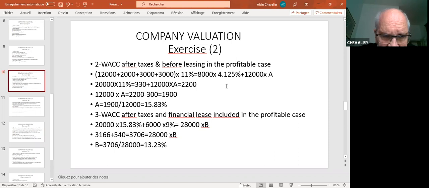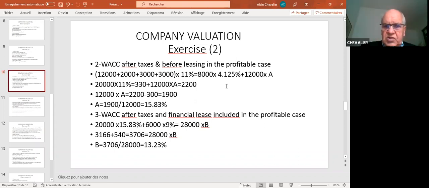And you see that in part 3 here, second line, we have 20,000 multiplied by 15.83. Okay, but we now add 6,000 with a cost of 9%, and this is equal to 28,000, the new total of financial resources, 28,000 multiplied by B, being the cost we are looking for. So if we make the calculations, we find that in that case B is equal to 13.23%.